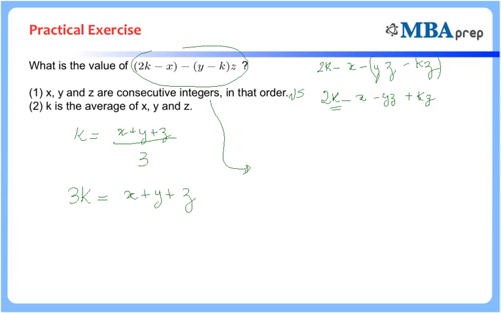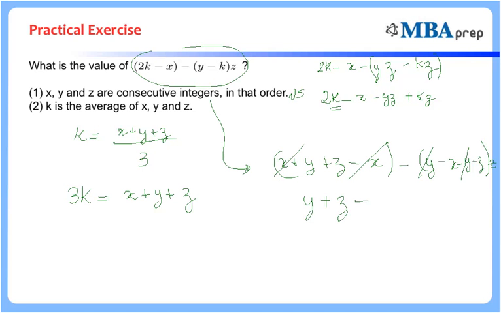So, I get X plus Y plus Z minus X times Y minus X minus Y minus Z times Z. X cuts X, this Y appears with this Y, so I get Y plus Z minus X minus Z times Z.